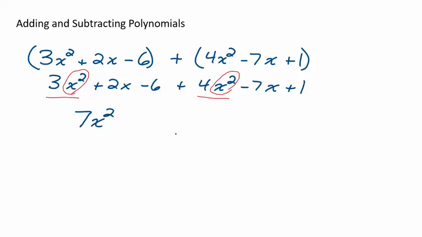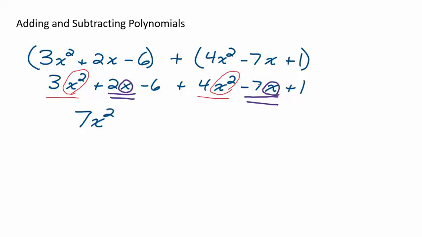All right, so the next like term we have is 2x. Actually, it doesn't matter what order, but I have a term that just has x's in it, x to the first power. So that makes 2x and minus 7x like terms. Remember that this negative sign in front of the 7 belongs to that 7.